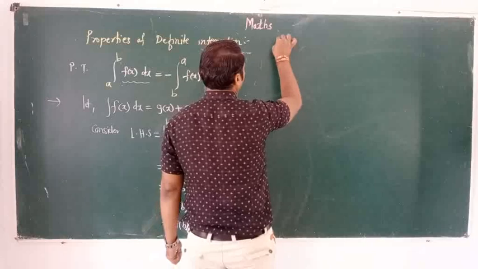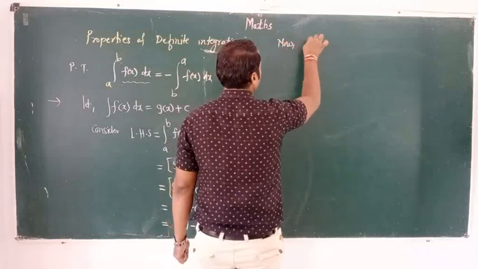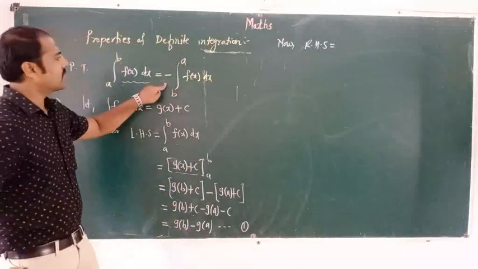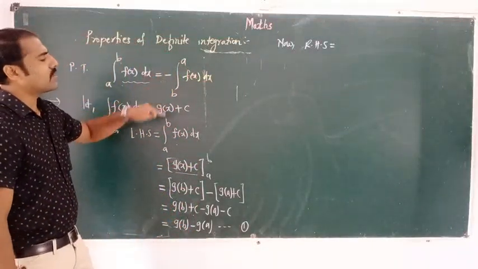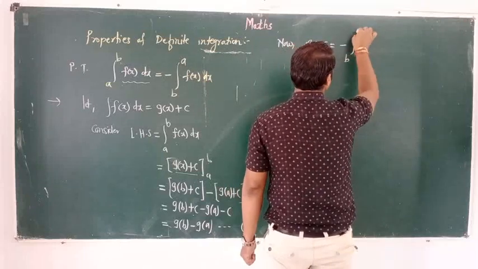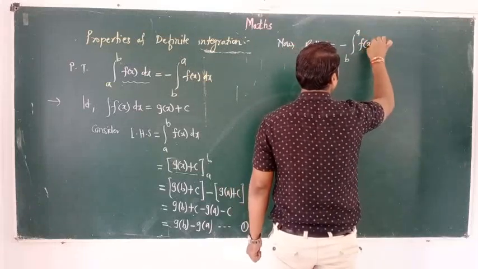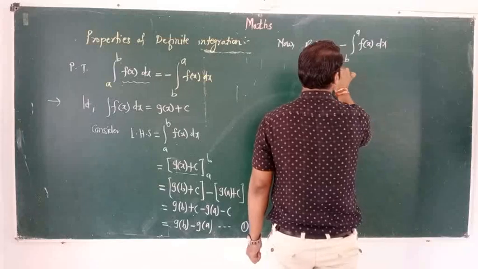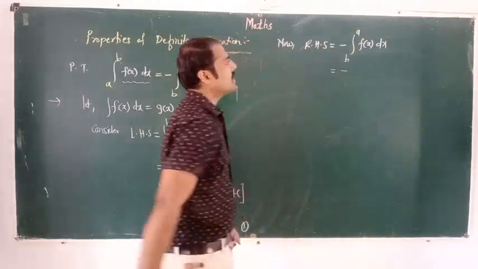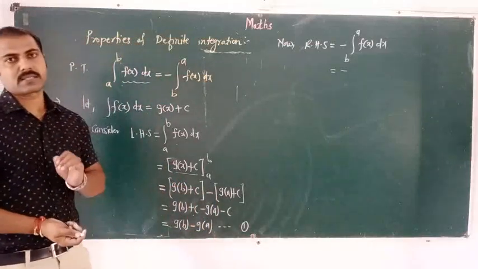Now we consider RHS. Now RHS is equal to, what is RHS here? Minus integral b to a f of x dx, which is equal to minus the integration of b to a f of x dx.